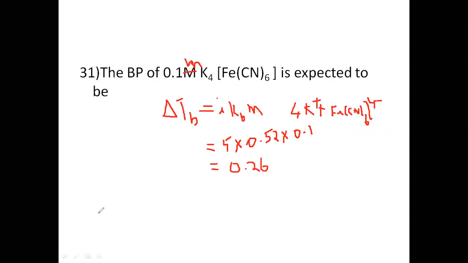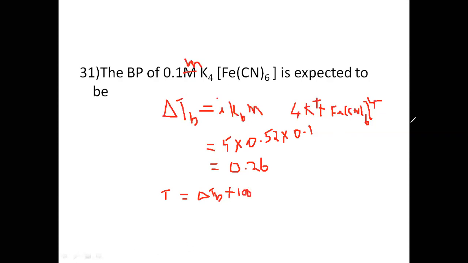Now get the T value. T value is delta TB plus T naught, which is 100.